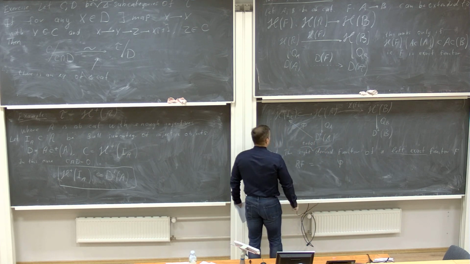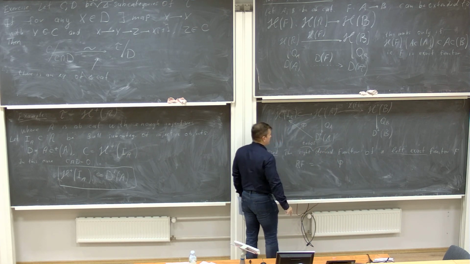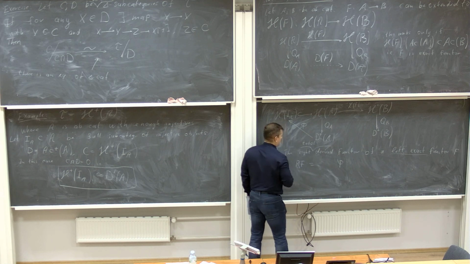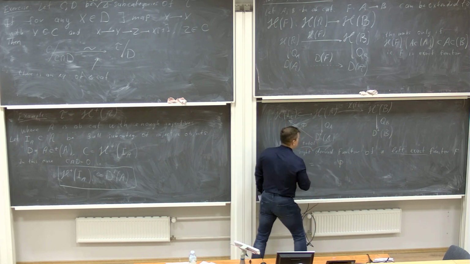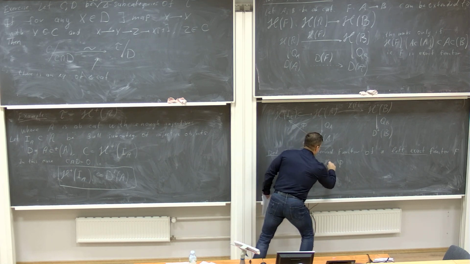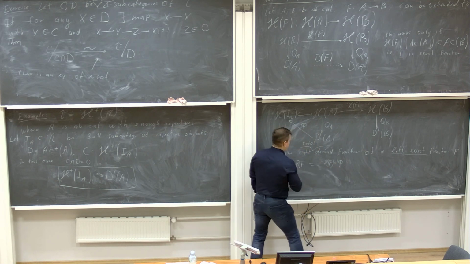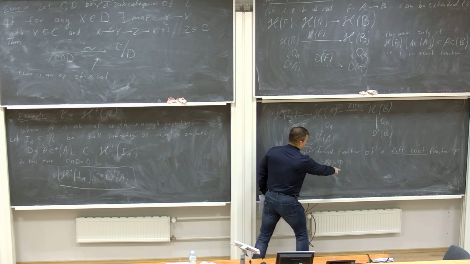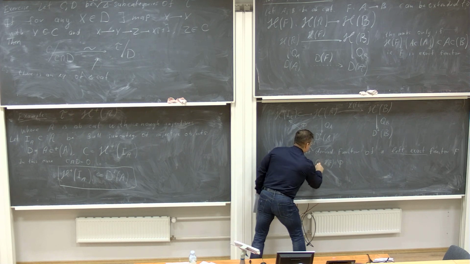Then using this embedding, you get something in the homotopic category H plus of A. You compose this with the homotopic functor H of f. And then finally, you apply to this answer the localization QB.